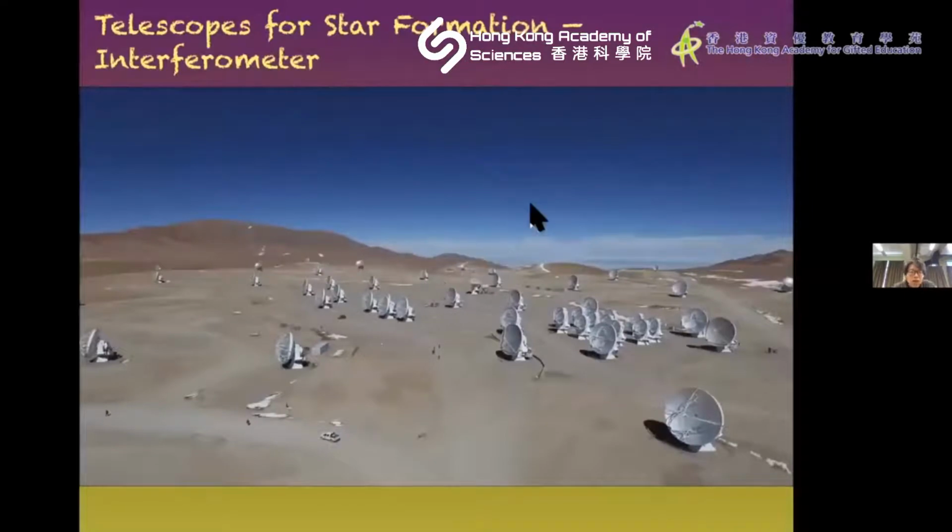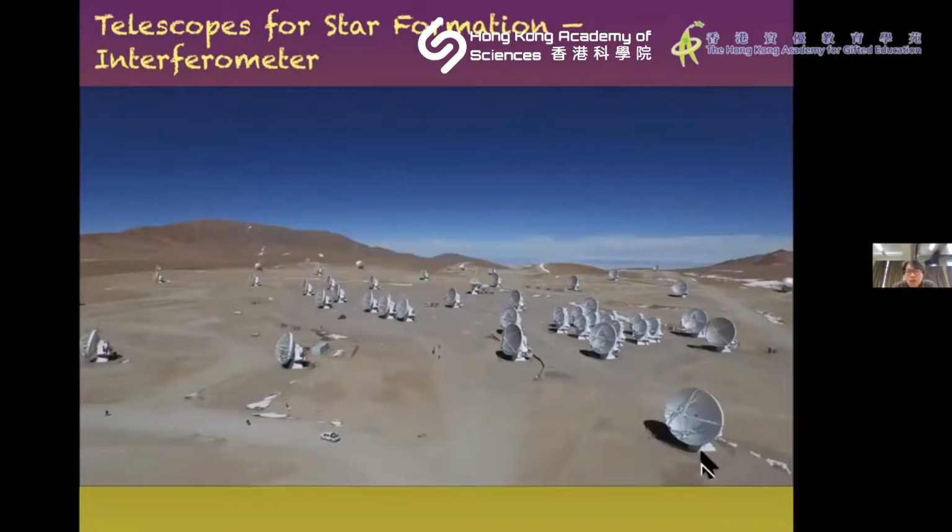Another very advanced technique is called interferometry. As we said, we want to build a larger telescope, because you need a bigger and bigger telescope to get higher and higher resolution to look into smaller and smaller structures in space. There is a limit to how big you can make one telescope.